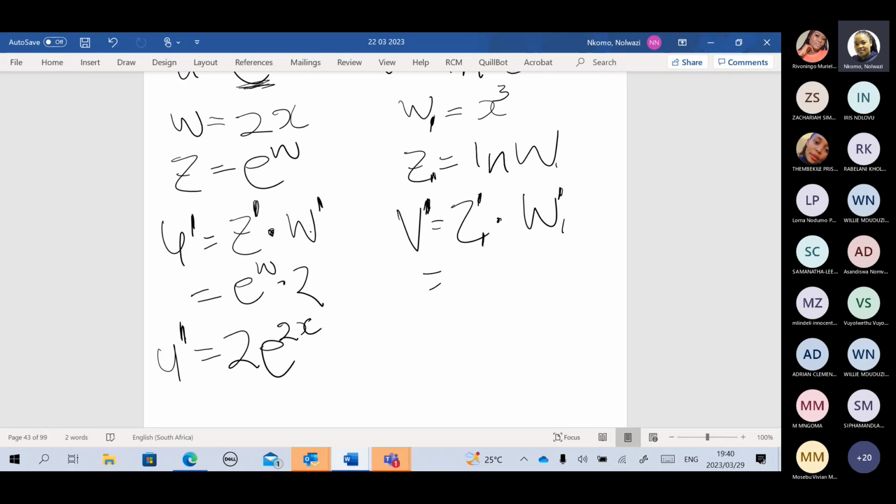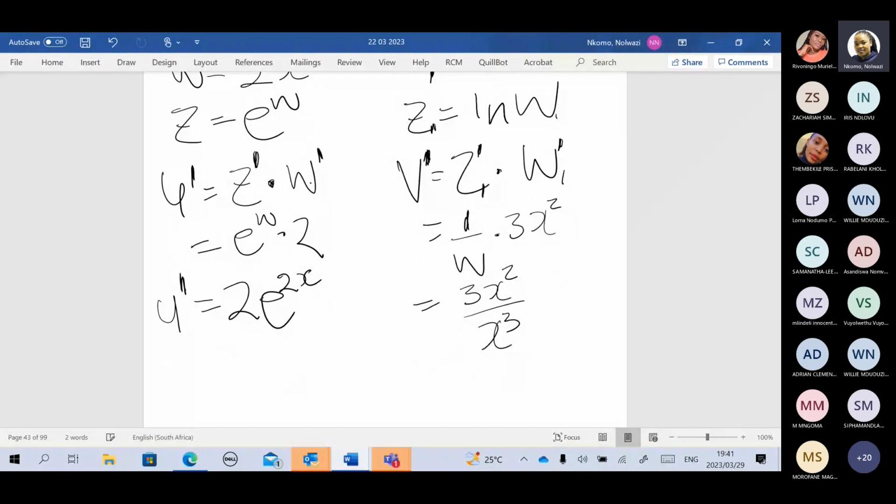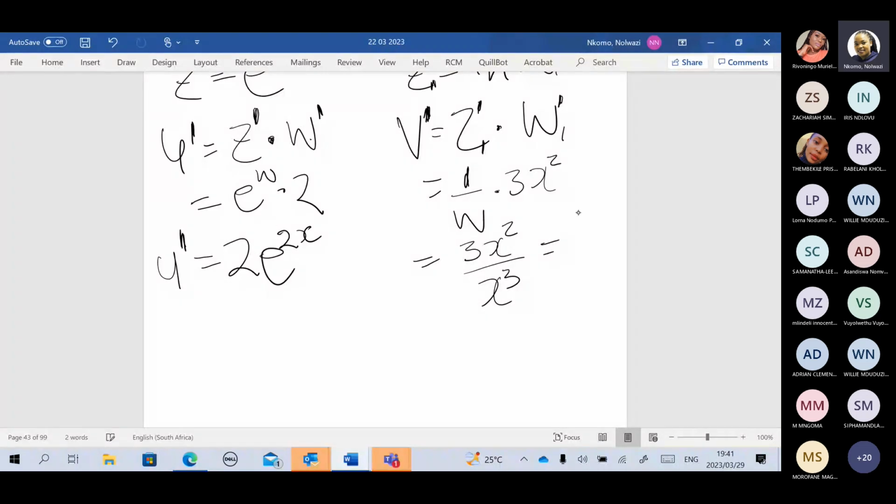The derivative of ln w is 1 over w. The derivative of x cubed is 3x squared, and w is x cubed. So this is 3x squared over x cubed, which simplifies to 3 over x.